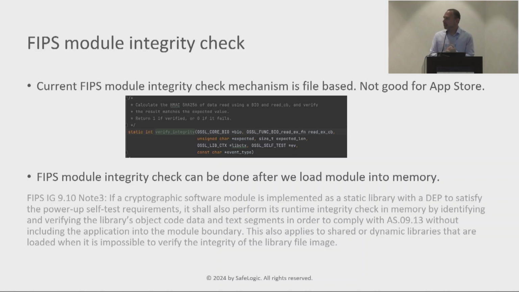The other part we also need to handle is basically what do we do with the integrity check, right? So the current OpenSSL implementation is basically saying, okay, before we load the actual library, let's calculate HMAC on the binary. Let's compare it to what we have in configuration. Let's make sure that they are the same.